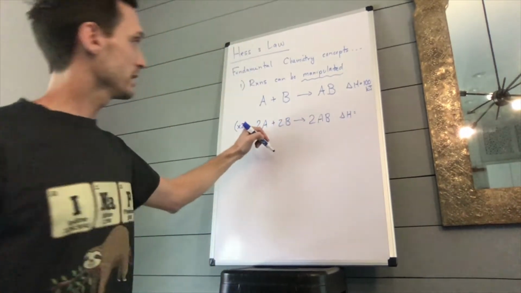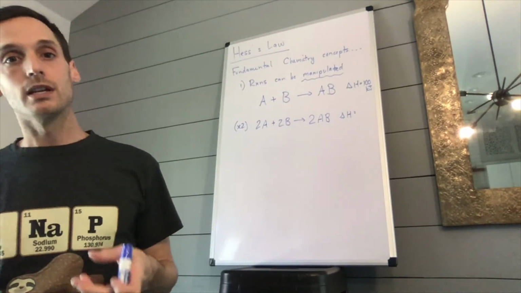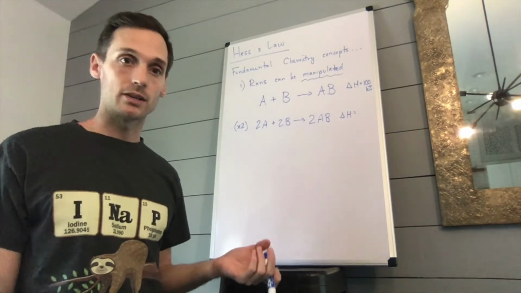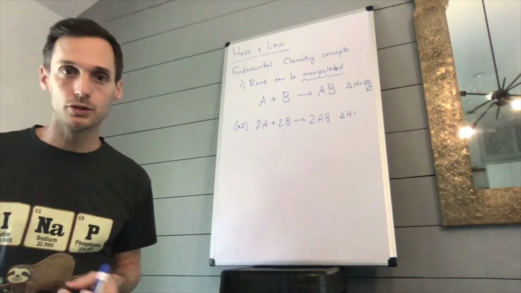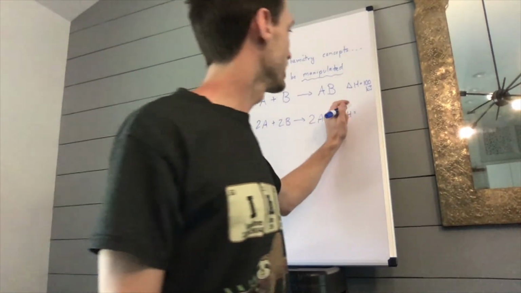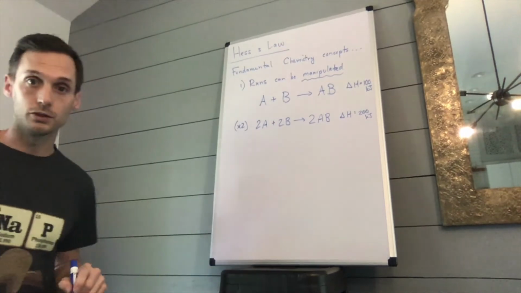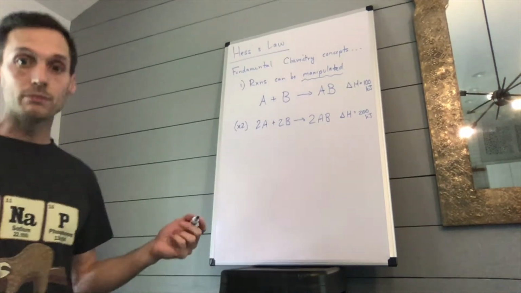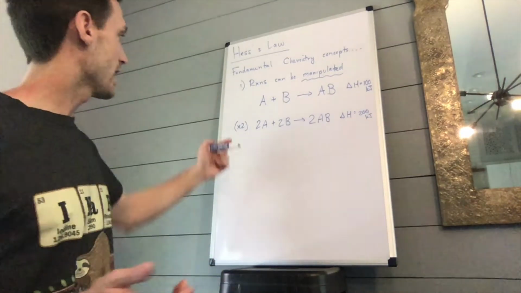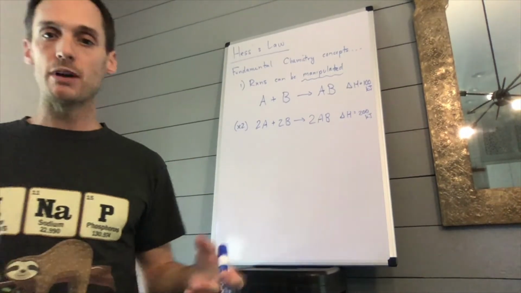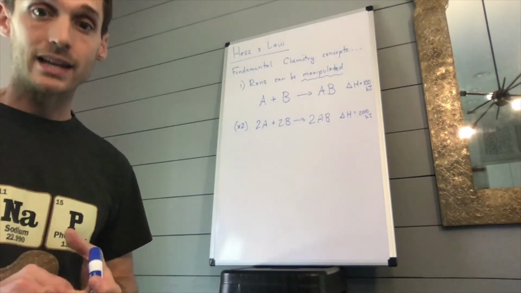Now, we manipulated the chemical reaction, so you have to do the same exact manipulation to the delta H. The change in enthalpy will not be 100 kilojoules anymore because we doubled this reaction, so now it'll be 200 kilojoules. So that's one manipulation. I chose 2, but you can multiply by 3, 4, 5, 6, it doesn't matter. You can always multiply by any number.